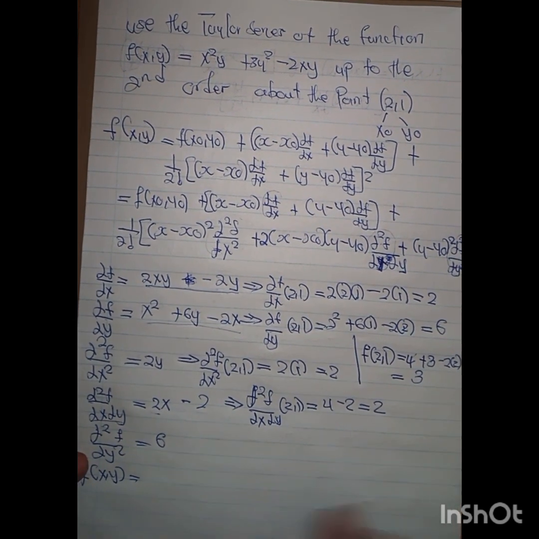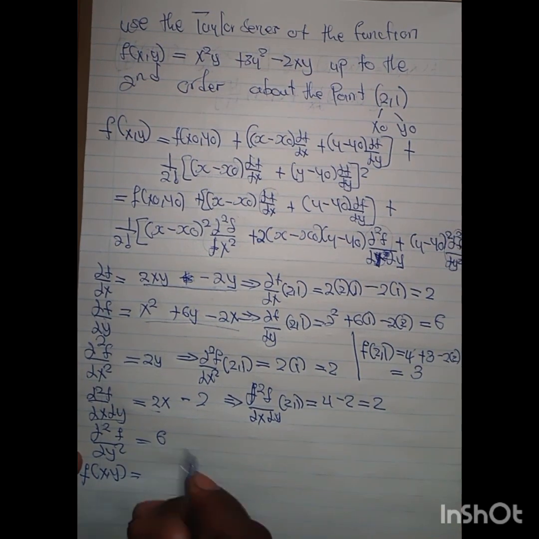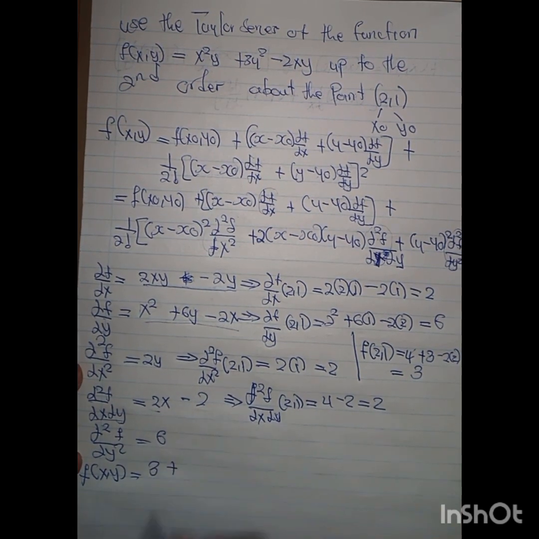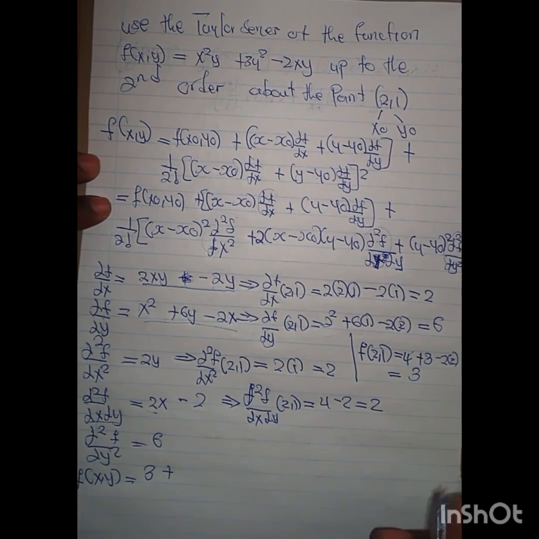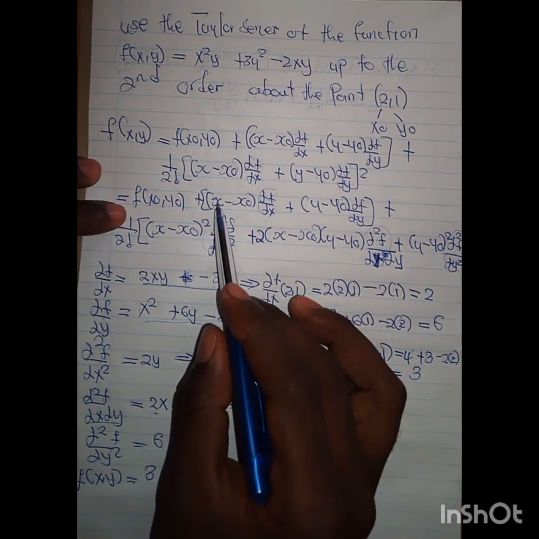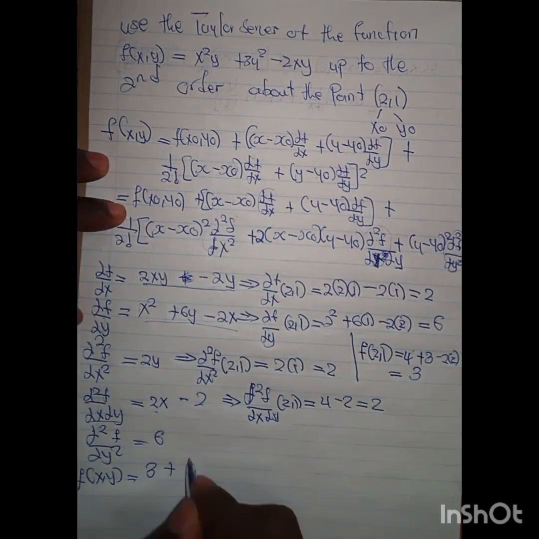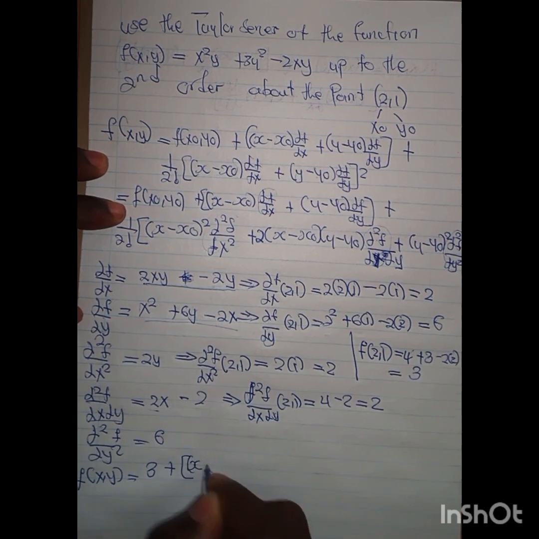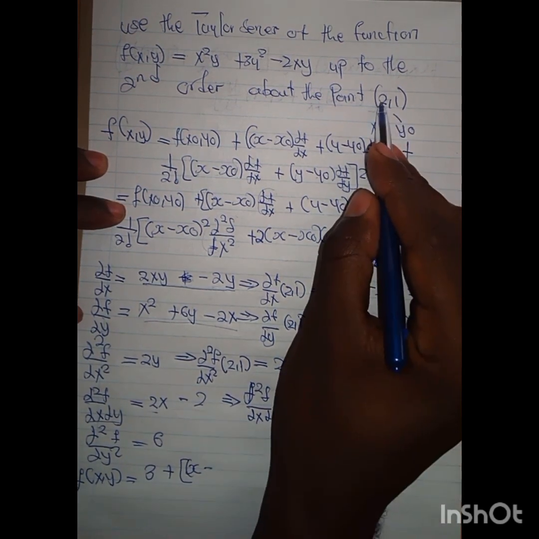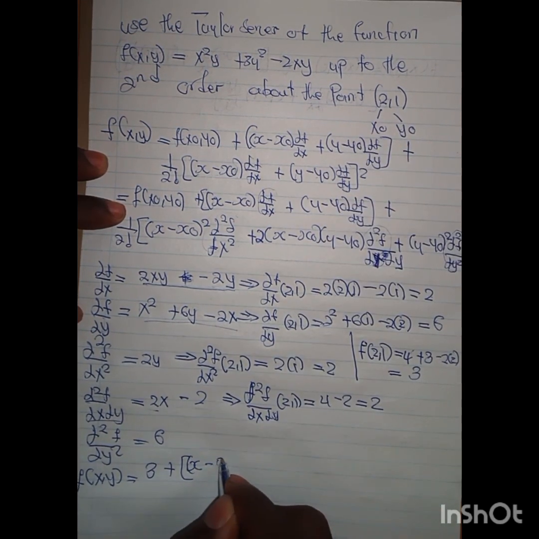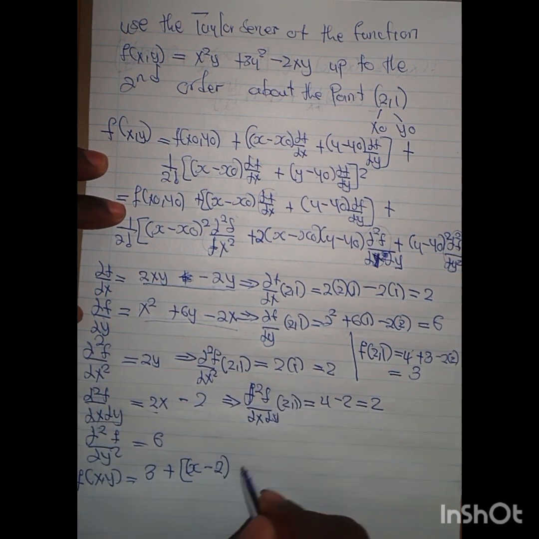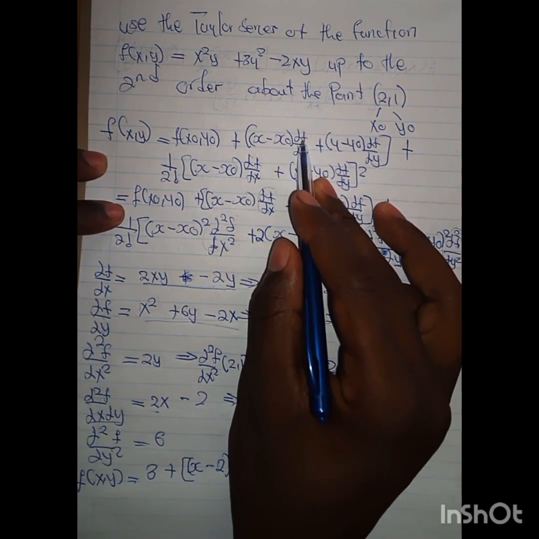So it means that for f of x naught and y naught, we have 3 plus x minus x naught. x naught is a 2, so which is x minus 2. Then df dx. What is df dx?